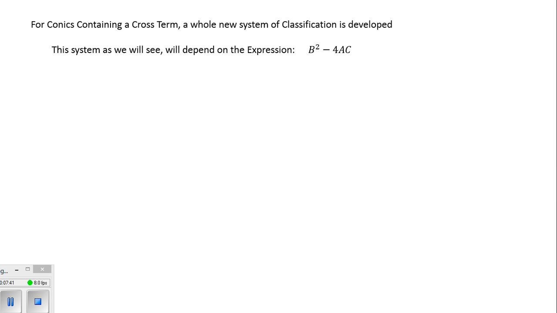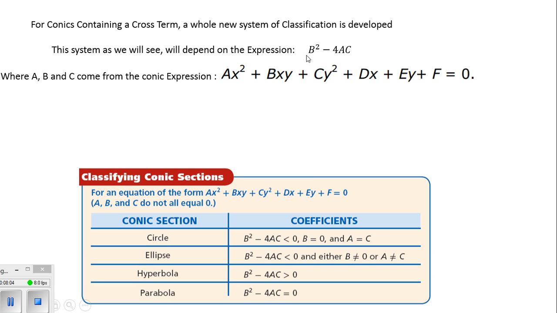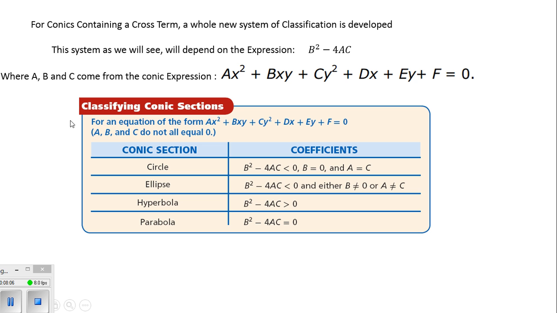That classification is going to be measured right here. So we're going to talk about conics which have the cross term, the bxy term, and how we classify them, ellipse, circle, parabola, or hyperbola, by this expression, which looks very much quadratic in nature, the b squared minus 4ac.